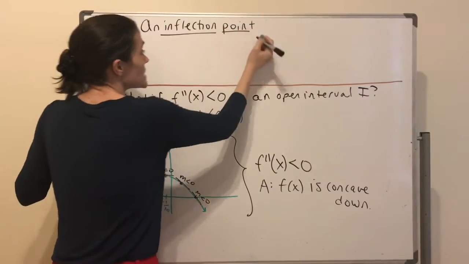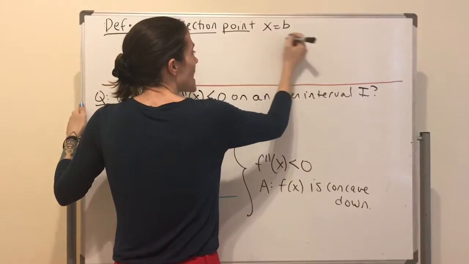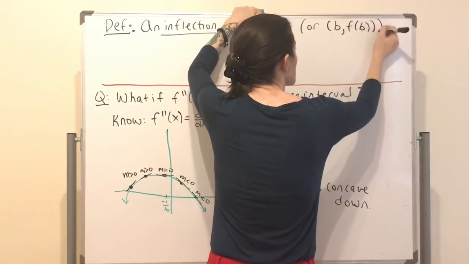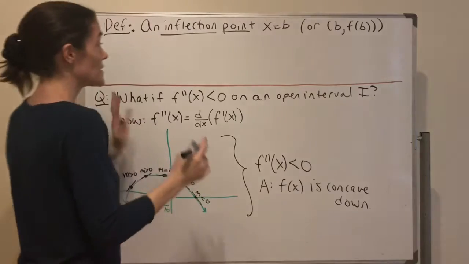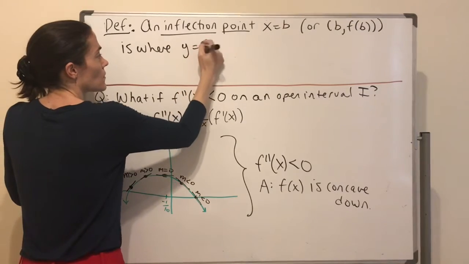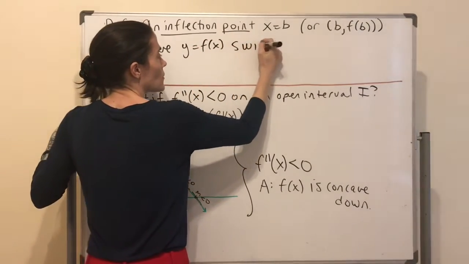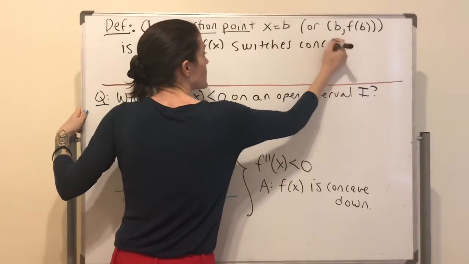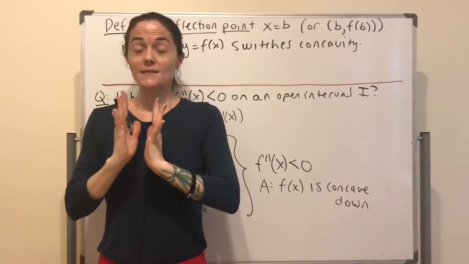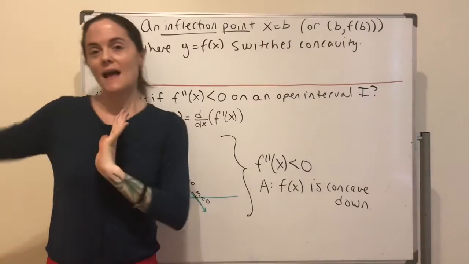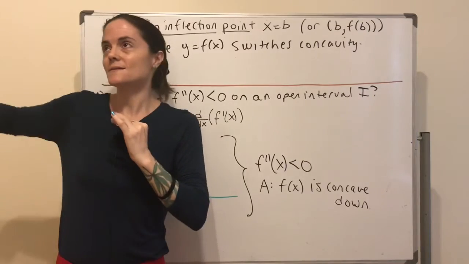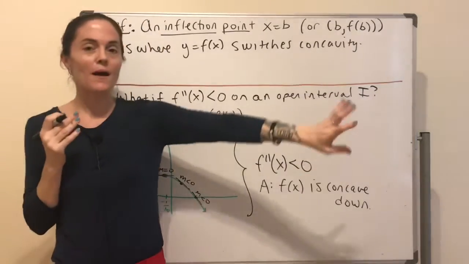Now you will either see the inflection point as being the x value or the point on the graph, just depending on the context, but an inflection point is where the function switches concavity, which means on one side of x equals b, or the point (b, f of b), the function is concave up, and on the other side it's concave down, or maybe it's concave down on this side and concave up on this side.